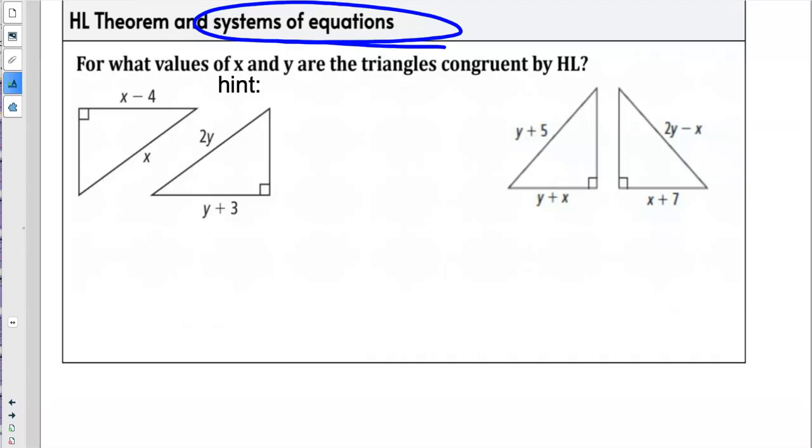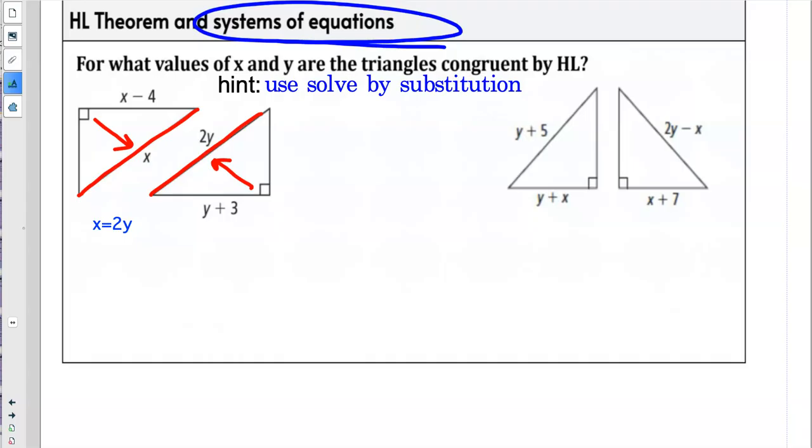They want to know for what values of x and y the triangles are congruent. Now, keep in mind, you solve by substitution. That's what we're going to do. But our first thing is to have a relationship. So I've got my hypotenuse opposite the right angle. So I know that I've got x is equal to 2y.